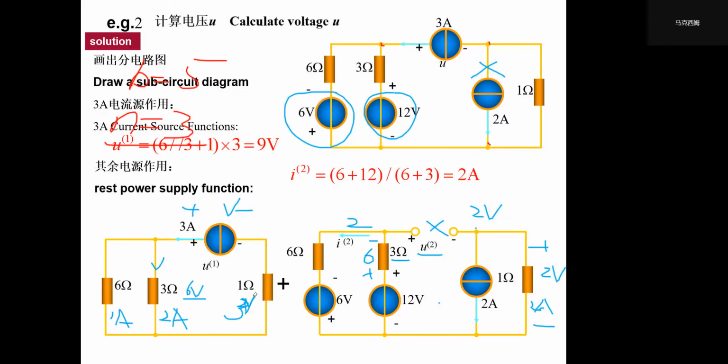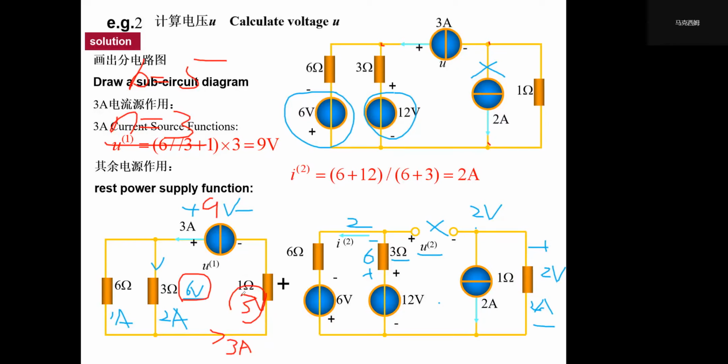The source is 3 ampere again. I just omitted this first branch. So the total volts on this 1 ohm resistor is 3 volts, and this one is 6 volts. So together they will form 9 volts here.